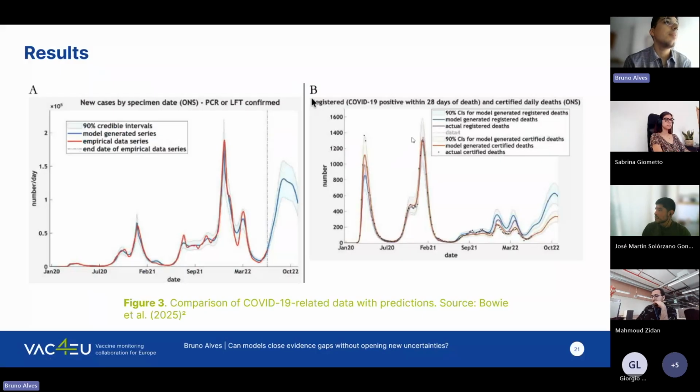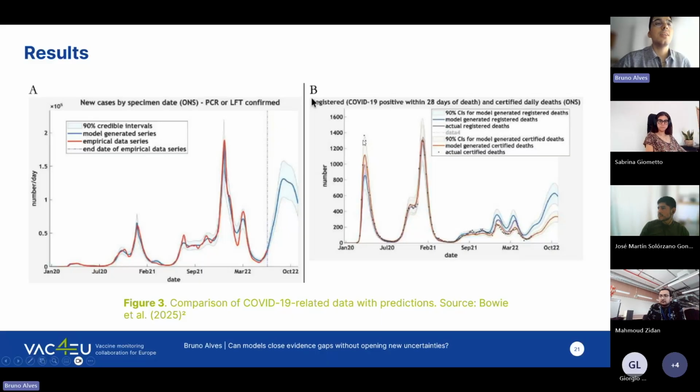In these figures, on the first one, in red, we have the real world data on new cases, new infections, and in blue we can see the model. So we can see that the data that the model shows us is very near the real world data.